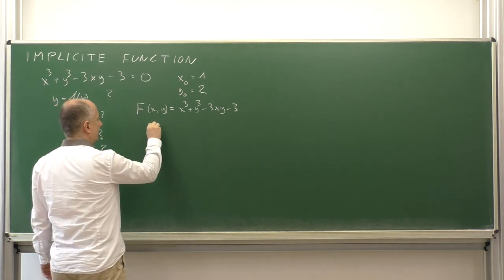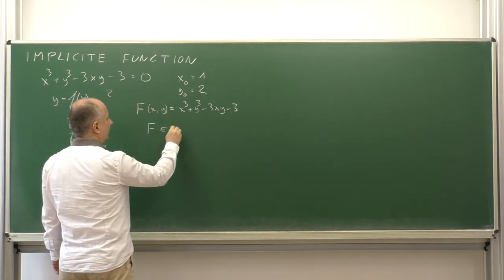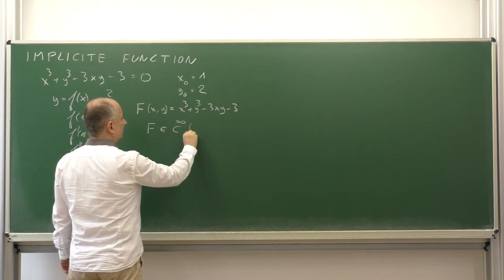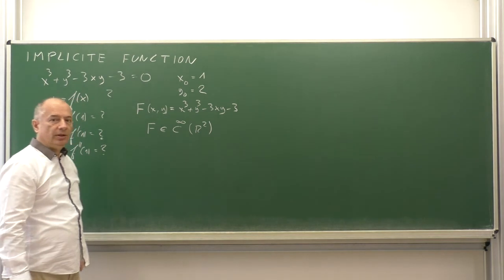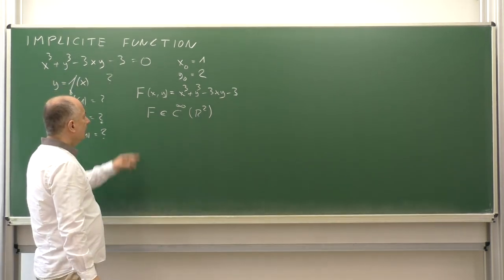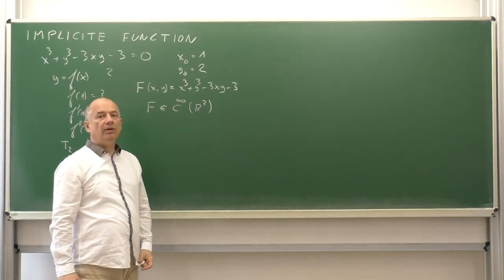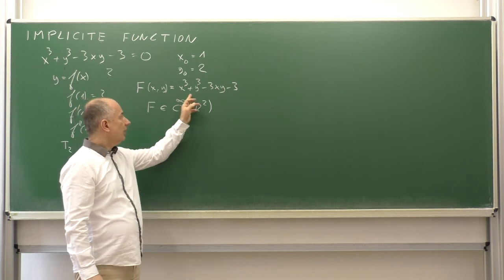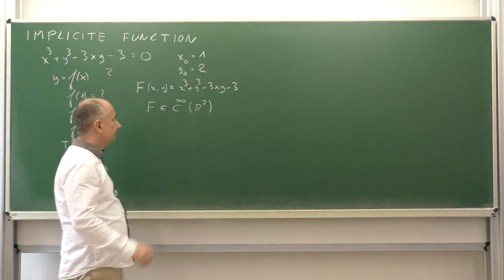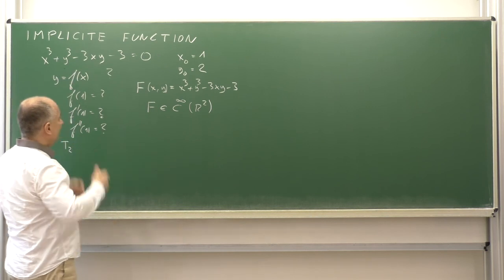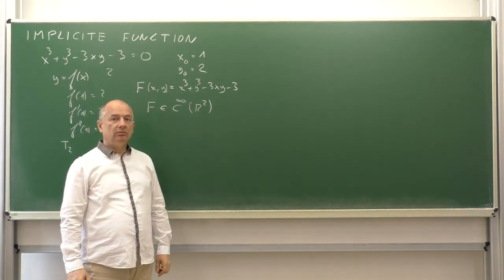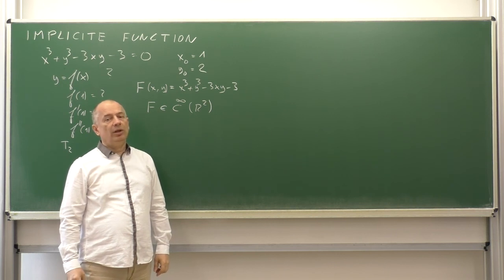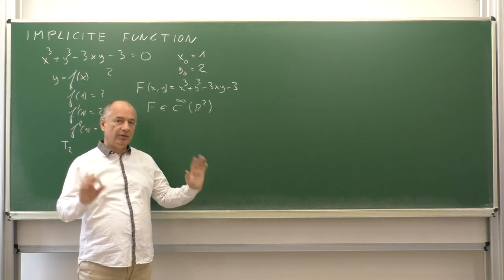So the best thing is F is in C infinity of R2, because we have two independent variables. This is a function of two variables, and it is given in an explicit way. The function small f will be a function of one single variable and given only in the implicit way, no explicit formula.